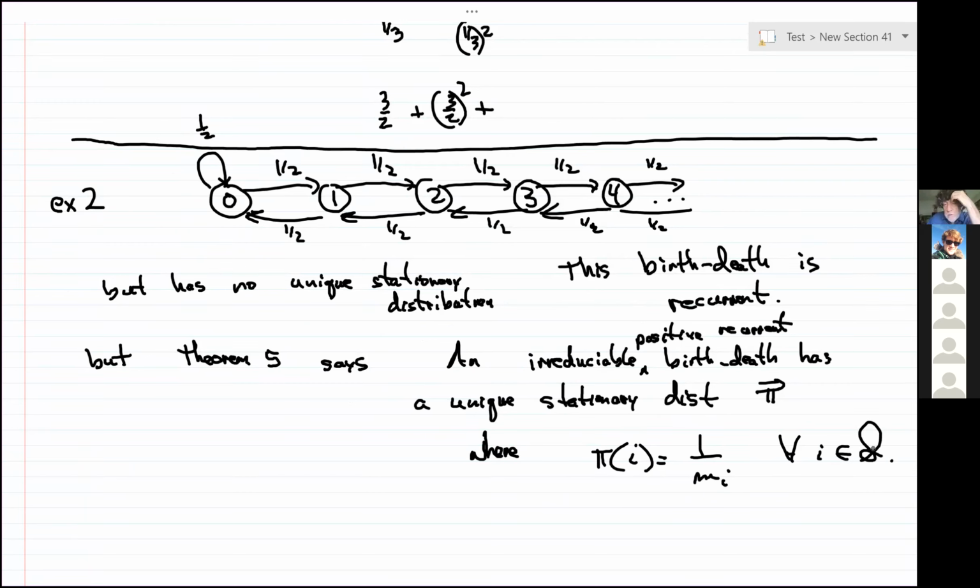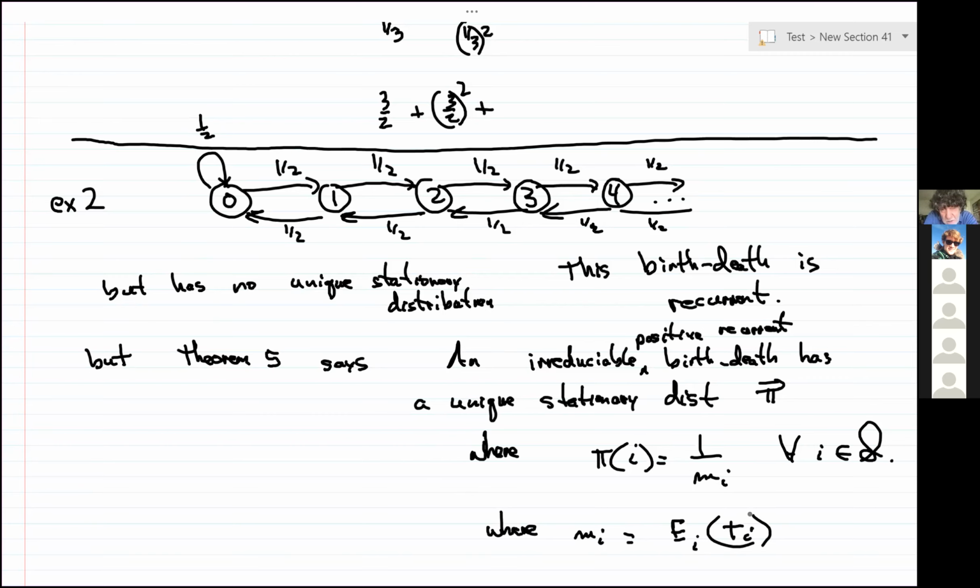Okay, so there's this cool theorem 5, which is one of the results we didn't prove, but we've still been referring to it. It says an irreducible positive recurrent birth-death chain has a unique stationary distribution given by 1 over m_i, where m_i is the expected time it takes, starting at i, to first return to i.